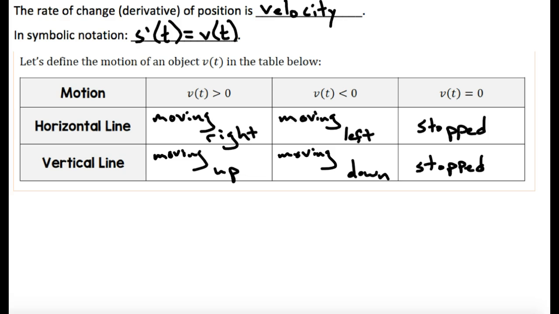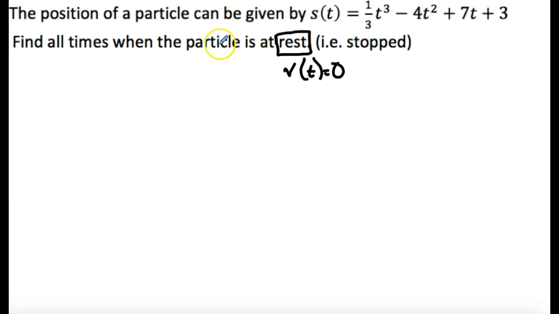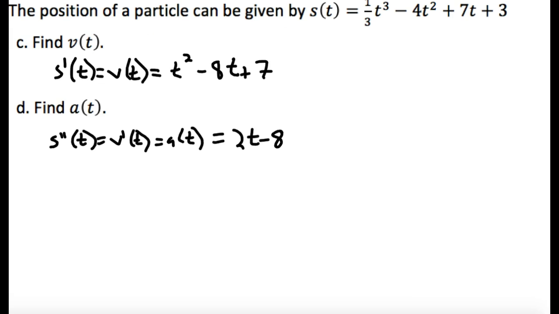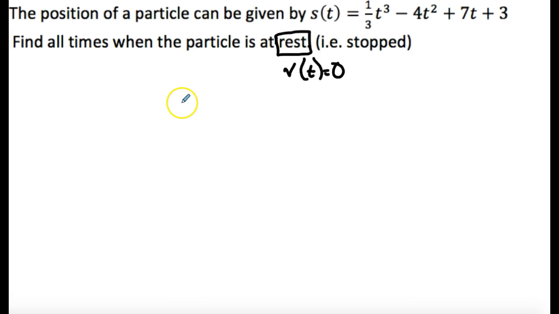So this is a common question to be asked: find times when the particle is at rest or stopped. So we want to take our velocity function, which was t squared minus 8t plus 7, and set that equal to 0.